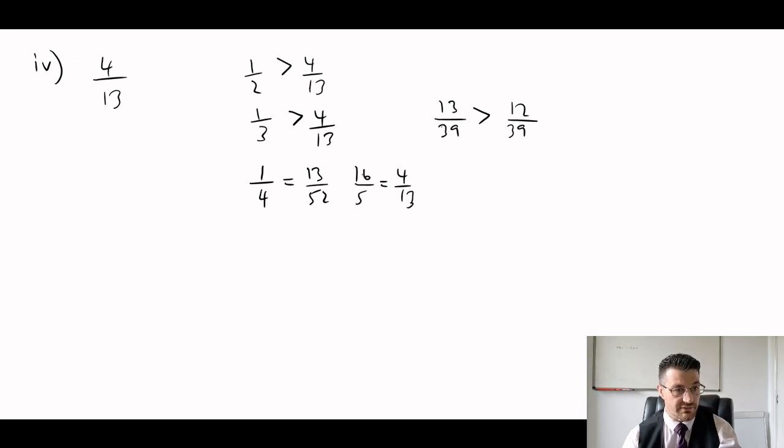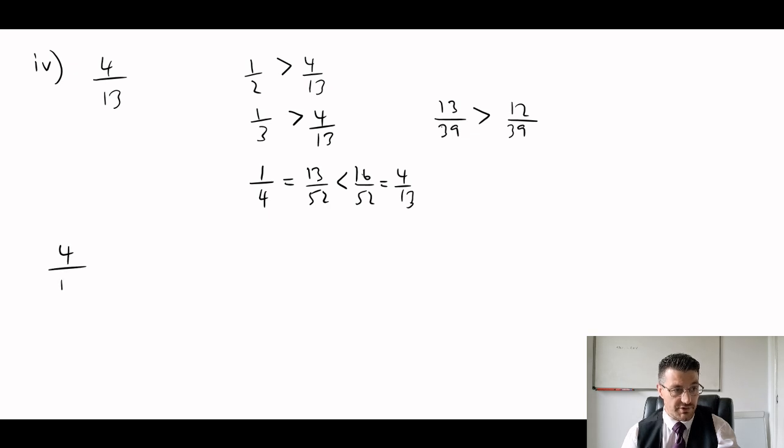That's it. 16/52, which is smaller than. So the smallest natural number whose reciprocal is less than 4/13 is 4. Okay, and yes, you do just have to hunt around.